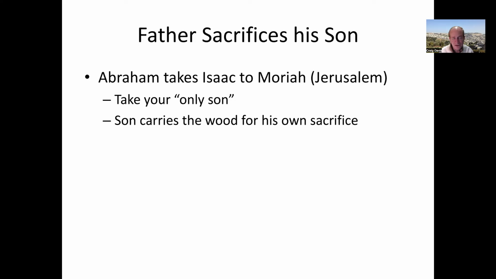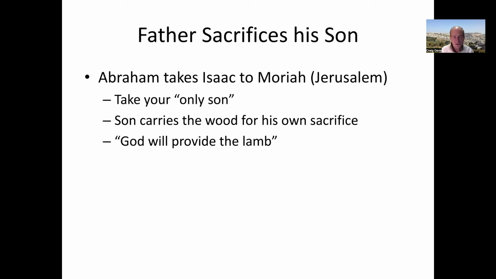The son carries the wood on his back for his own sacrifice. You know, when the author wrote the book of Genesis, only God knew that he was writing about Jesus Christ. He could not have known that Isaac carrying the wood on his back was a picture of Christ carrying the wood up the hill for his own sacrifice.